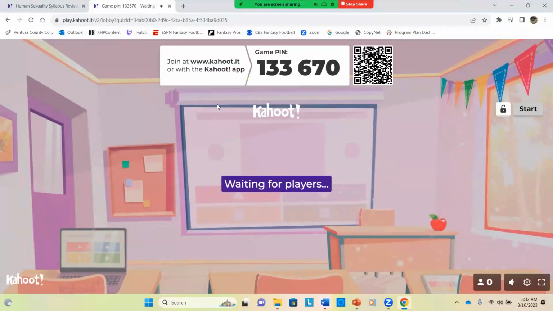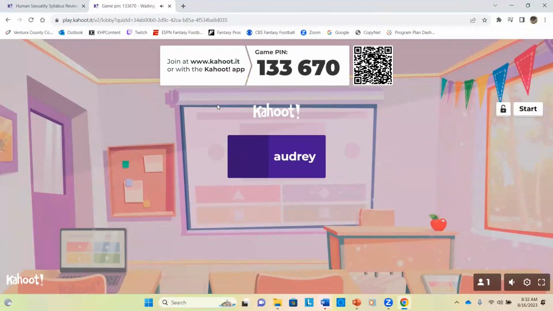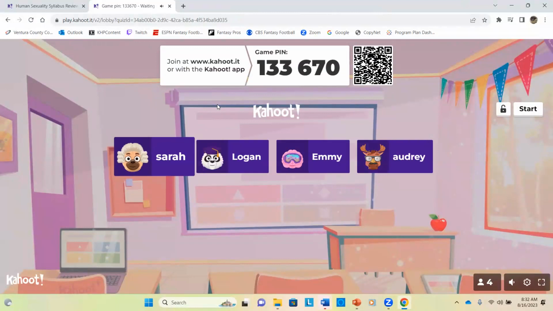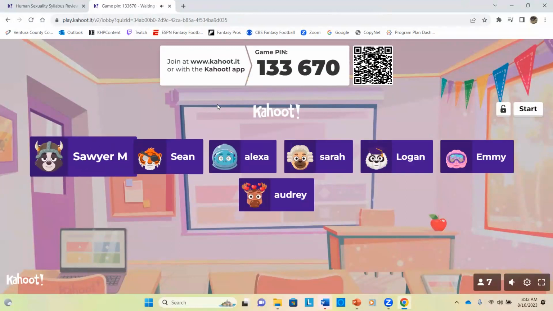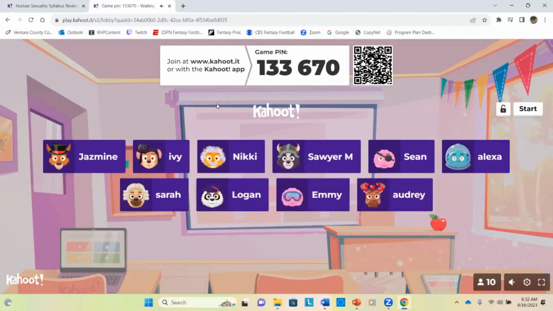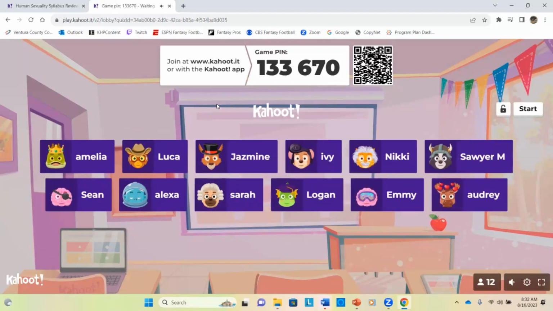Okay, so here's the code up here at the top for you to join. And again, if you can't get in for some reason or you don't have access to something to use, feel free to have a partner help you out. There we go. I love that you get to add a little character now. That's the best part. Like 1, 3, 3, 6, 7, 8. Brain with an eye patch.